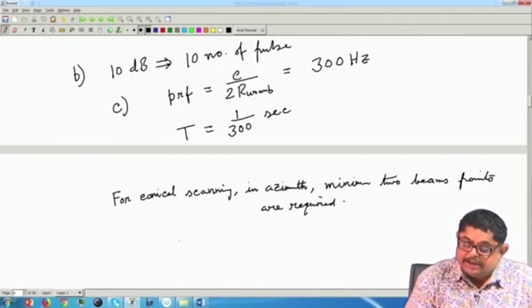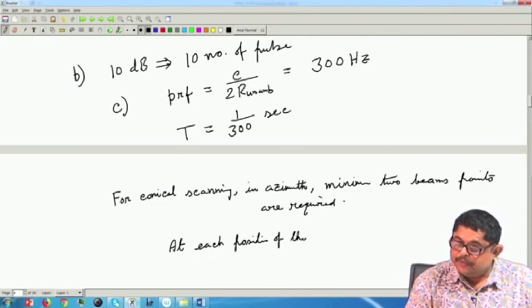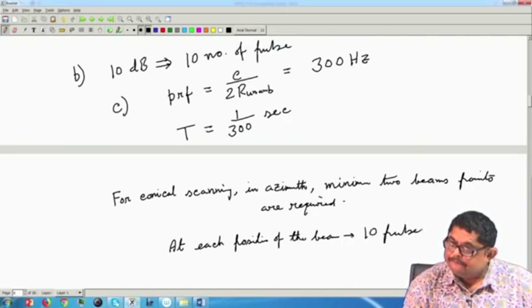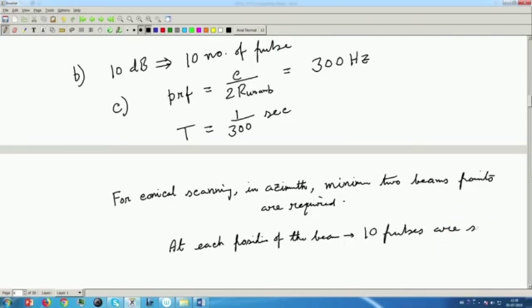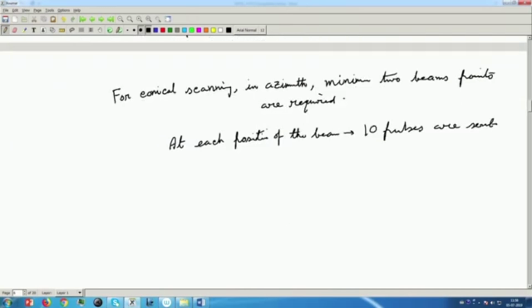Now, at each position there is integration of 10 pulses. So, at each position of the beam, 10 pulses are sent. For 2 positions there will be 20 pulses.